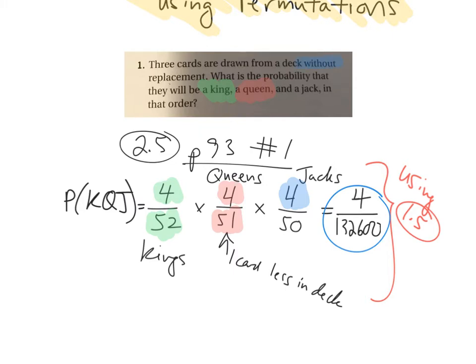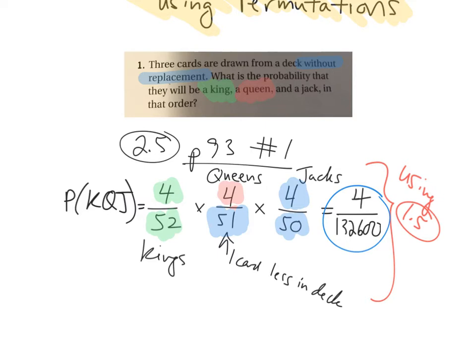It says without replacement. So the sample space on the third simple event is dependent on the first and the second, just like in the second event with the queen being drawn, there remained 51 cards. Now with the jack being drawn, there remains another -1, which makes 50 cards remaining.